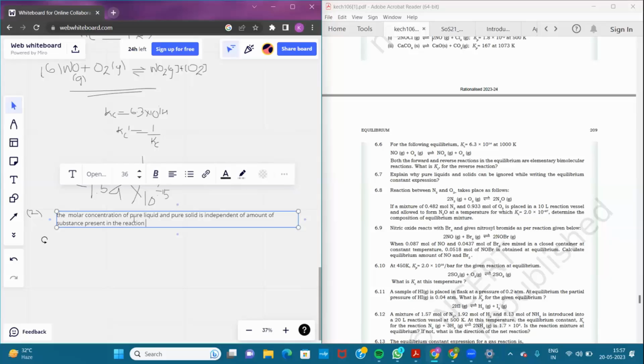So its molar concentration is always fixed for a given temperature, irrespective of its amount present in the container. It is fixed.